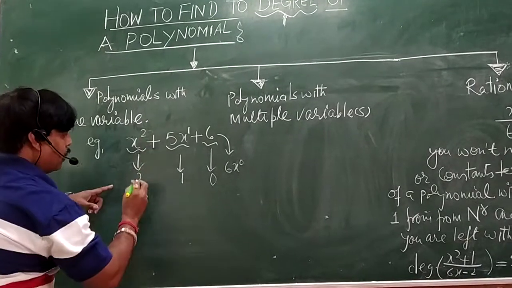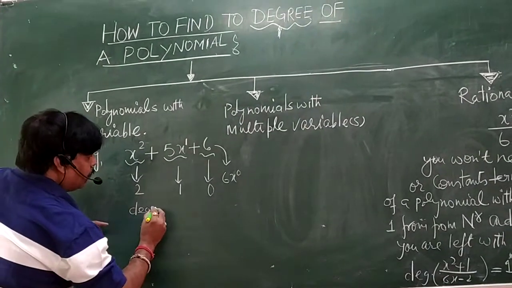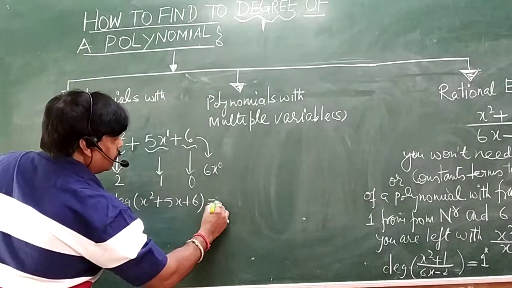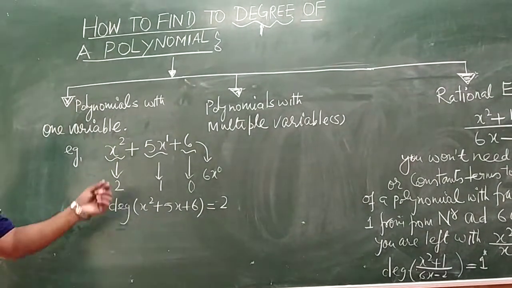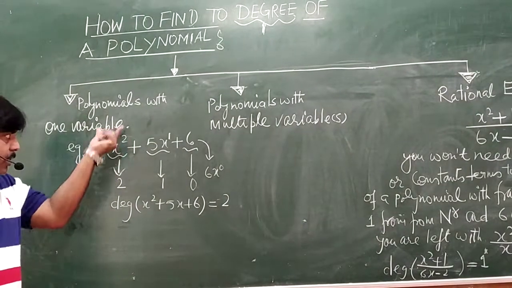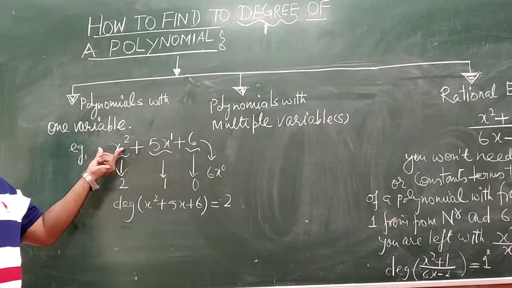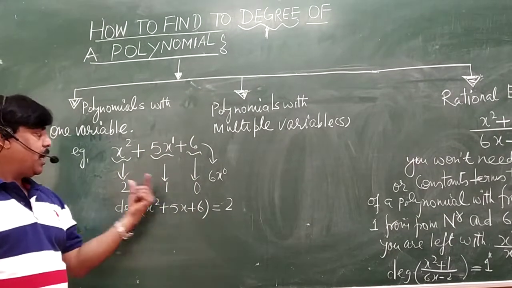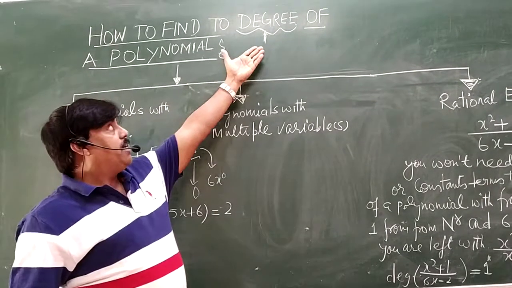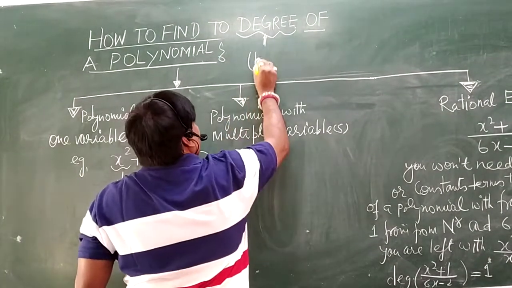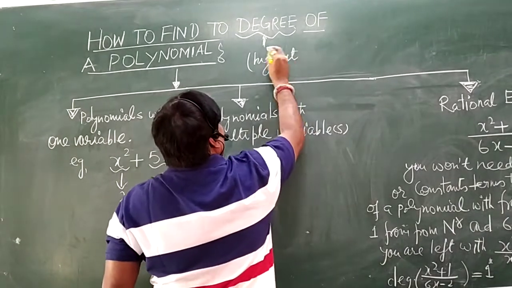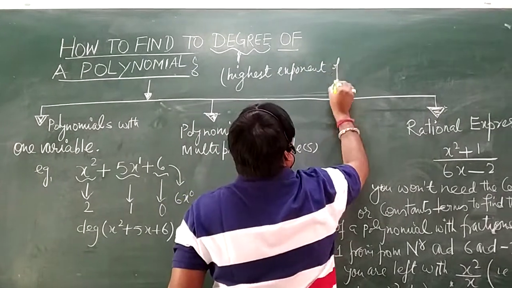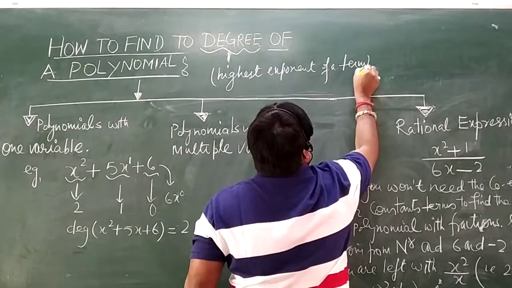So the degree of this polynomial is 2. Just take the individual terms. एक एक टर्म में देखिए कि x की पावर क्या है. Here it is 2, 1, and 0. So your degree is the highest power of the terms. Degree means the highest exponent of a term.